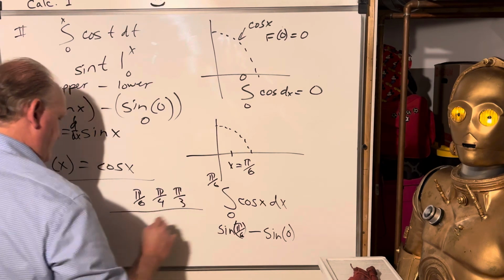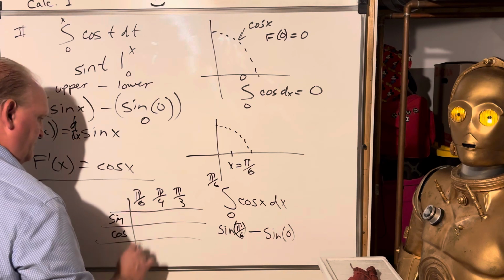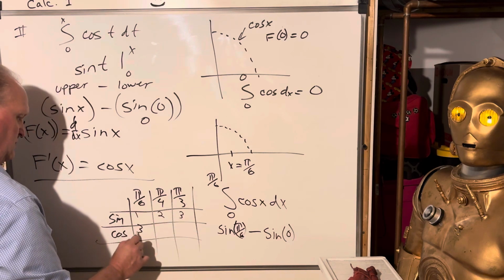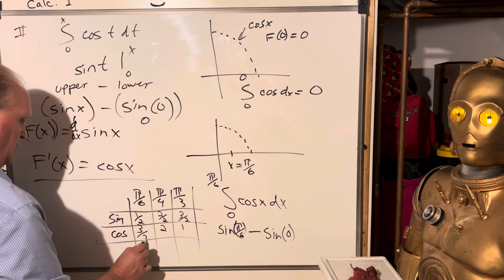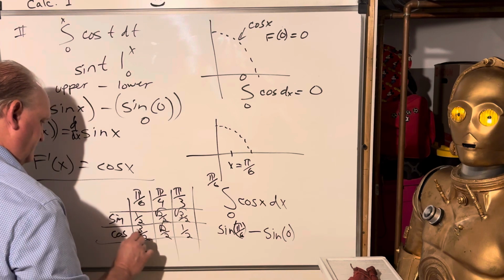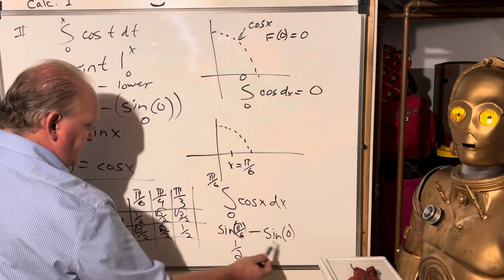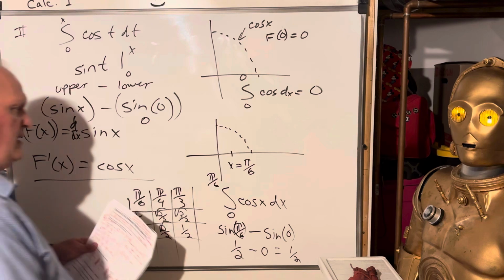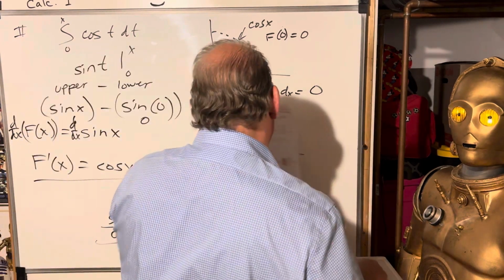Remember this guy? With sine and cosine. And the 1, 2, 3, and 3, 2, 1, and divide everything by 2, and take the square root of everything. And so the sine of pi over 6 is 1/2, minus 0, which is 1/2. So we're just confirming that they have the answer given, so 1/2.